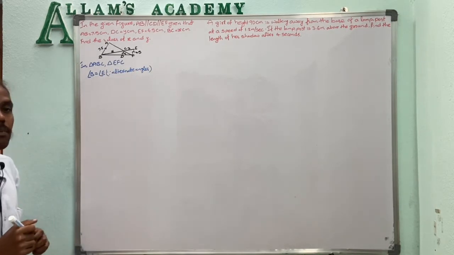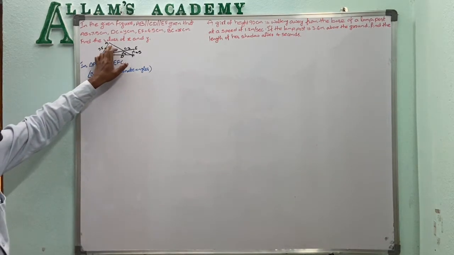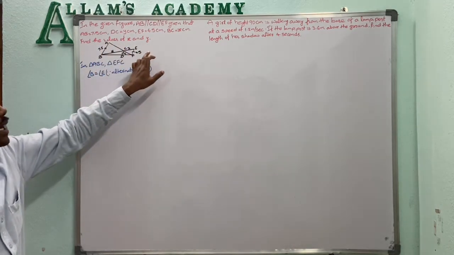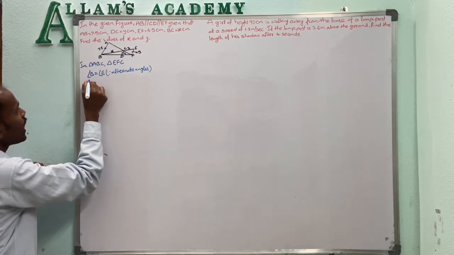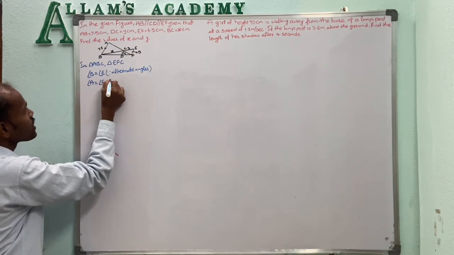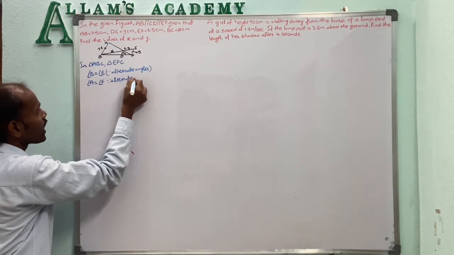Similarly, AF is a transversal to the sides AB and EF, so angle A is equal to angle F, since they are also alternate angles.